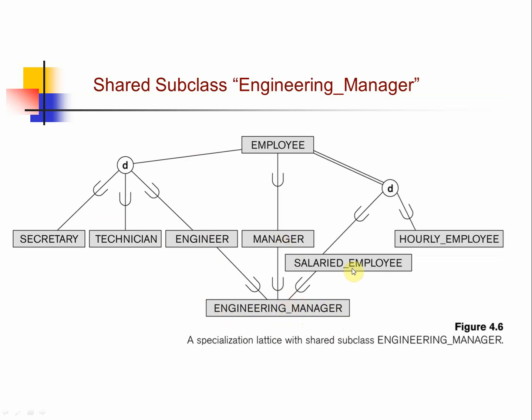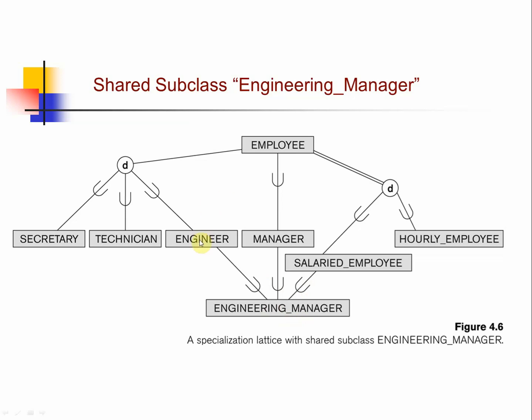So you can see that in this representation, engineer manager is an engineer and a manager and a salaried employee. So you can see this gives a very different concept from the union, because union provides an or concept. You can choose one of the owners, either a person or a bank or a company, while the engineer manager shared subclass shown in this slide is an and concept.